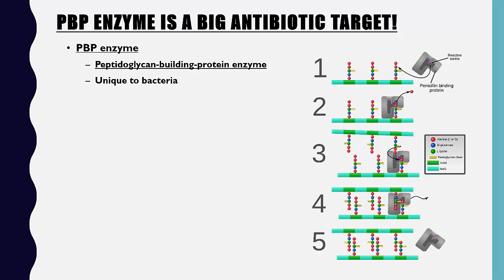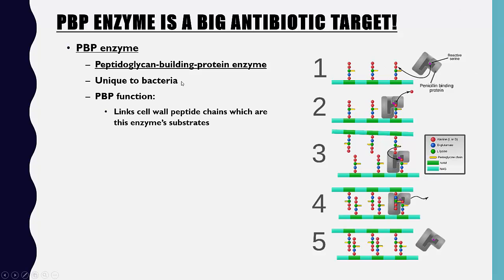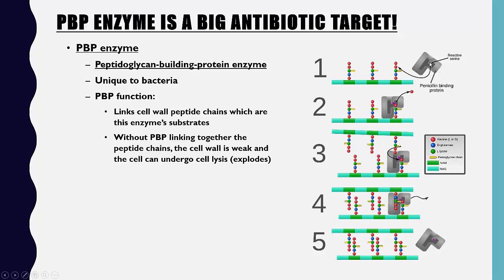So if the bacteria is in your patient and you're going to send a poison after it, go after this. So the PBP function, again, it links the cell wall peptide chains, which is the enzyme's normal substrate. Without PBP linking together the peptide chains, the cell wall is going to be weak.